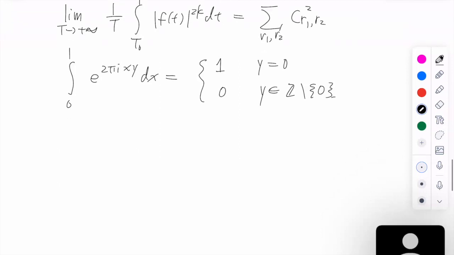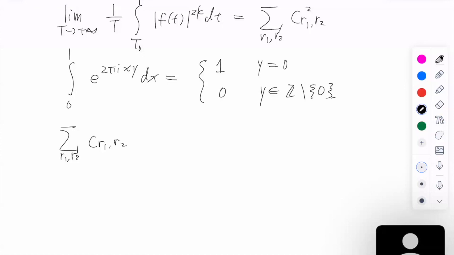So if we use this formula repeatedly, we have the following. So C R1, R2 squared is again going to be equal to a sum over R1, R2 and R1 prime and R2 prime.